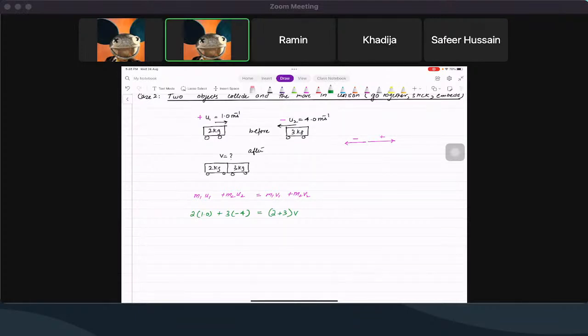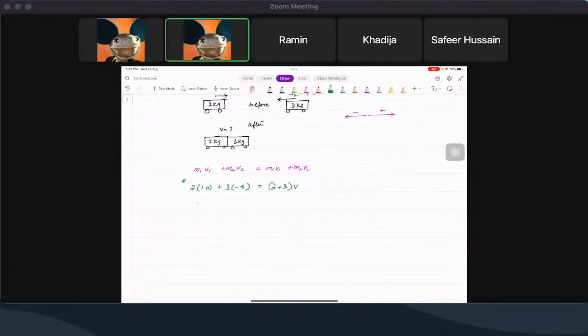Remember this point, and this is very important. Now, so this is going to be 2, this is going to be minus 12, this is going to be 5v. So if you subtract, this is minus 10 equals 5v, and v is going to be minus 2 meters per second. Minus, of course, indicates that it is going to the left, and 2 is its value. Is it clear, everybody? Any questions?